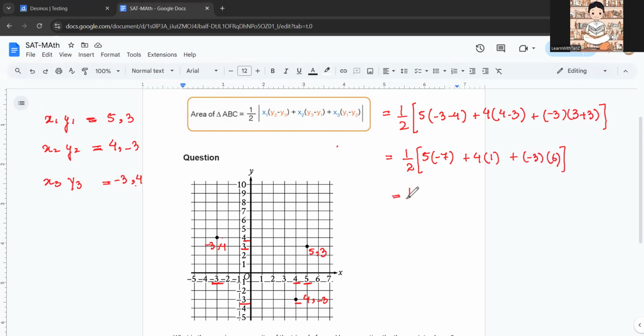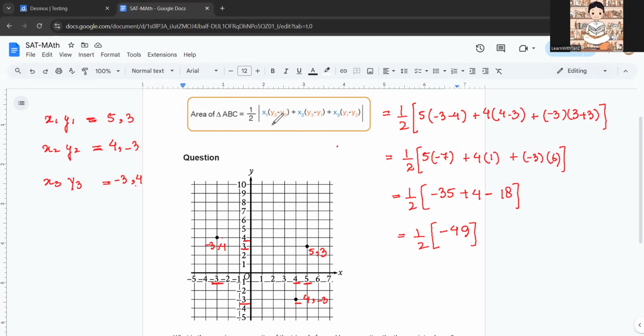Simplifying further, 1 half of 7 times 5 is 35, so negative 35, plus 4, plus negative 3 times 6 is negative 18. So 4 minus 18 will be negative 14. Negative 14 and negative 35 will give you negative 49.